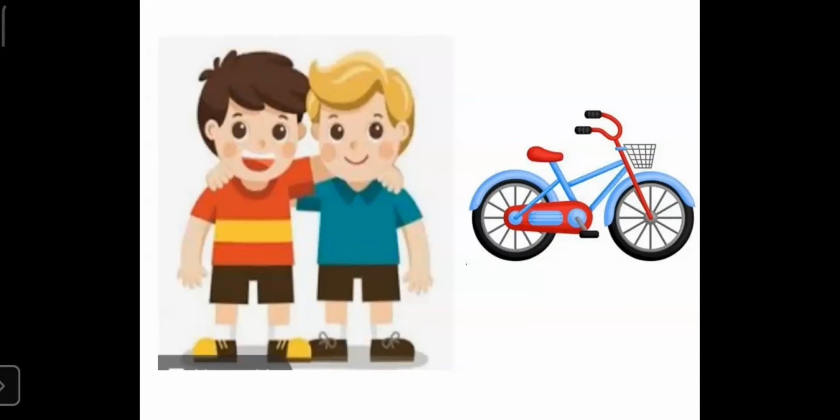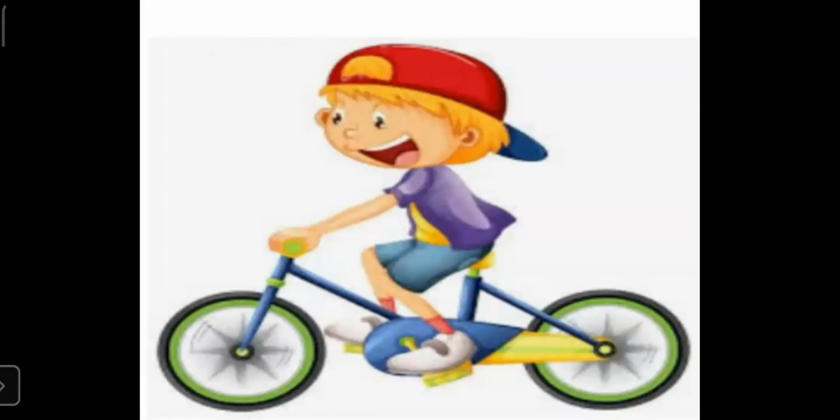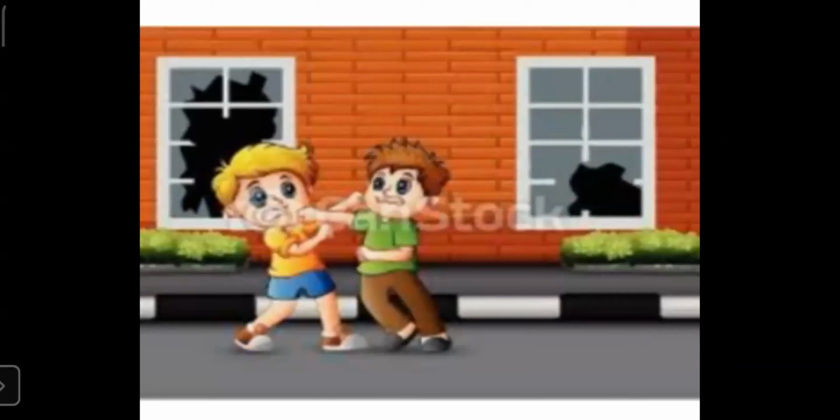Both of them enjoy riding bicycle. So what happens one day? Both want to ride the bicycle at the same time. Both Raj and Bharat want to ride the bicycle at the same time. So they began to fight and they began shouting. Let's read the lesson and find out what happens in the end.